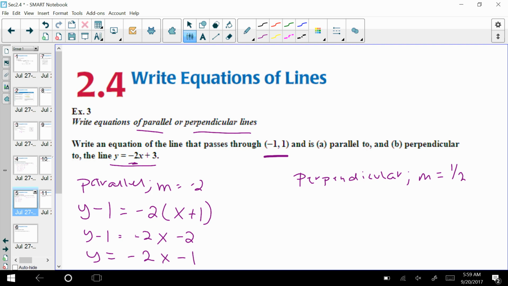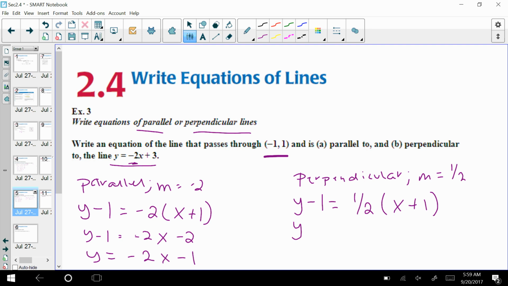We can use the same procedure to find a line that's perpendicular. So y minus y1, which in this case again is 1, equals our slope, which is 1/2, times x minus x1, which in this case x1 is -1, so we're adding 1.